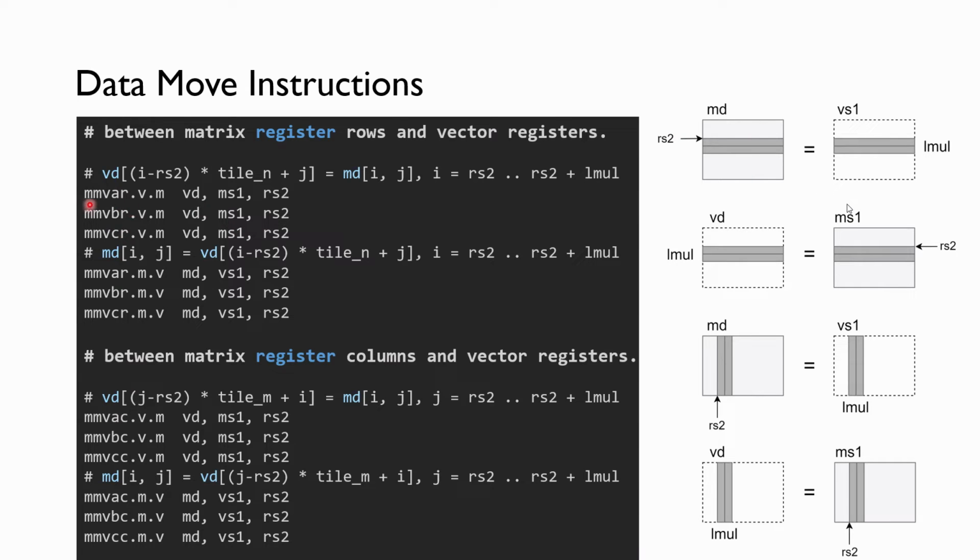The first instruction, MMVAR.V.M, moves slices from the matrix register MS1 to the vector register, in total the number of slices given in RS2. The RS2 here indicates the start position of the slice.